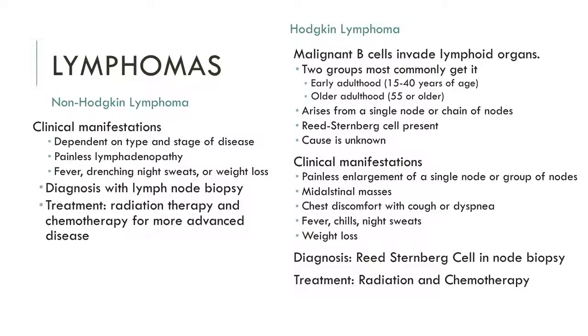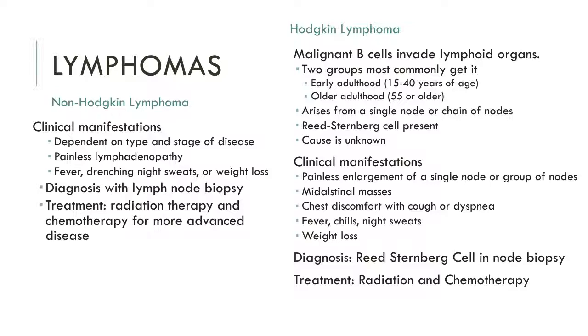The first group are early adulthood, 15-year-olds to 40-year-olds. The second group are older adults, age 55 or older. And the Hodgkin lymphoma arises from a single node or a chain of nodes. So basically, it infects one node, and if you don't notice it early enough, it moves on to the next node along the line, which is why we say a chain of nodes.